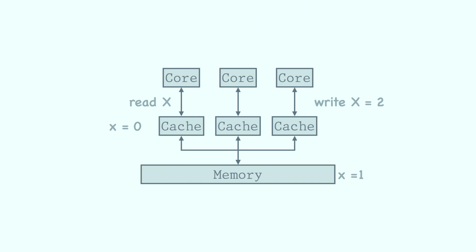One core has just written 2 to x, so it thinks that x is 2. One core had x equals 0 in its cache, and it's just read that. Obviously neither of them is correct with regards to the memory, and they're all in their own separate worlds, and writes on one side won't propagate to reads on the other side until some unspecified amount of time has passed.